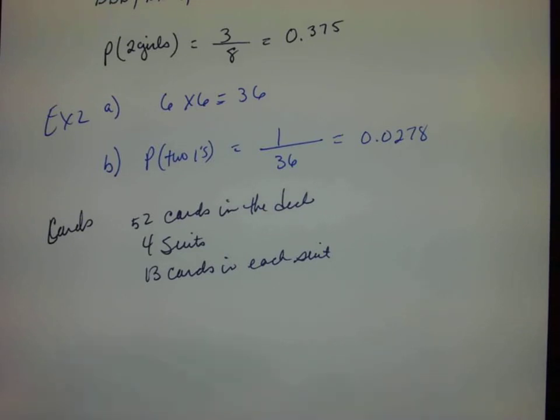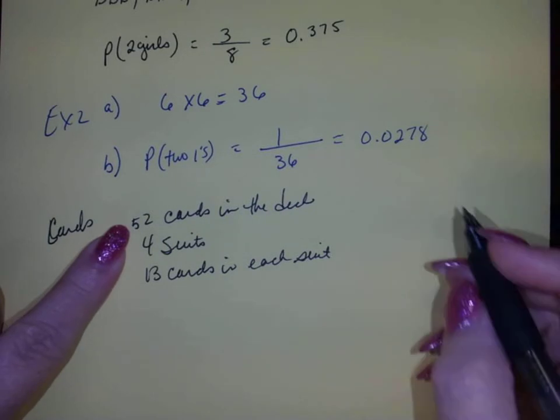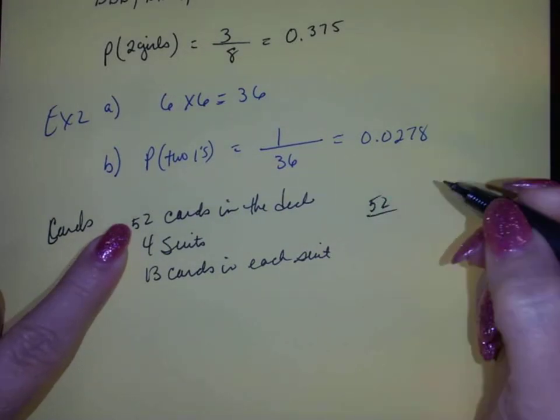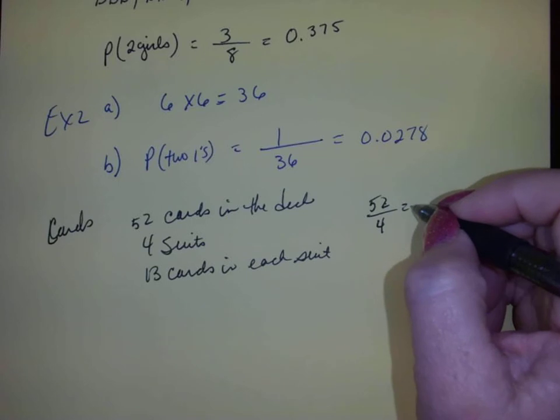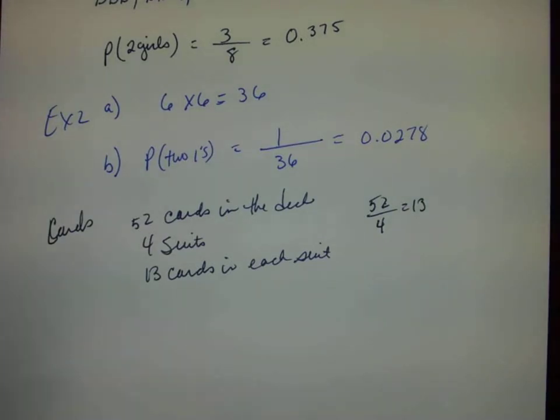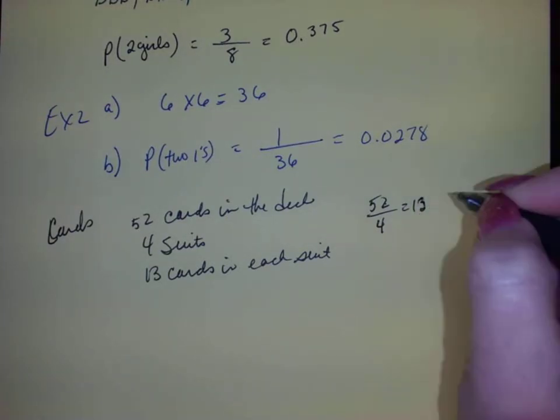That's all listed in your handout. And what if you get on the test and you're like, man, I don't remember how many cards are in each suit? Well, if there's 52 cards, and you can remember there's 4 suits, if I divide 52 by 4, I get 13. So you can figure it out mathematically how many were in each suit, okay?